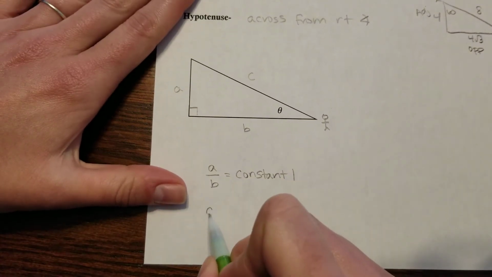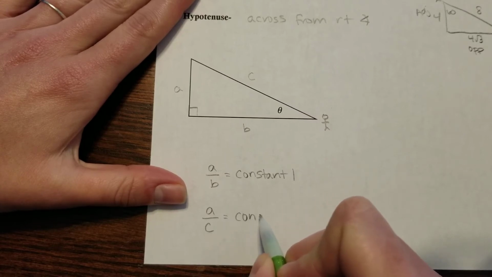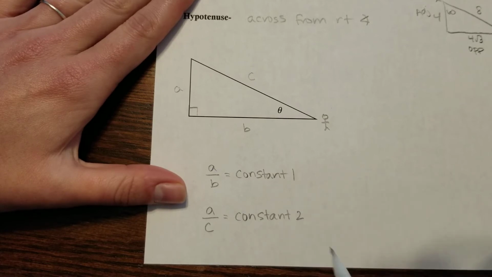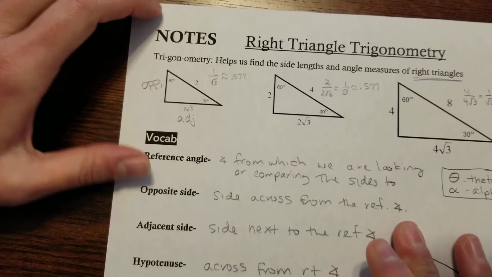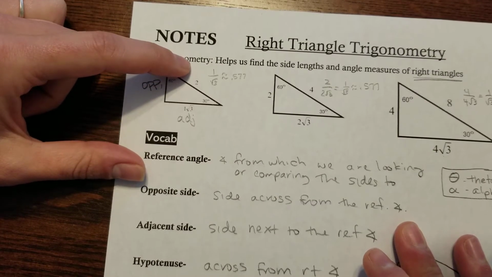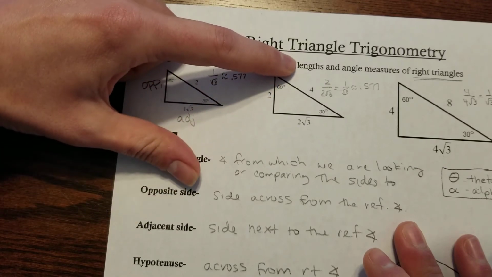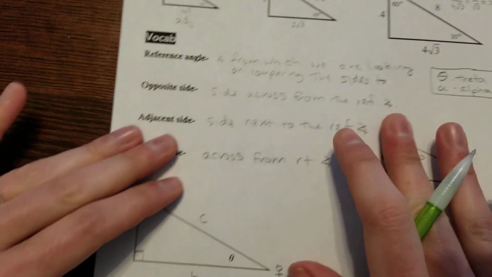If I compare A and C, as long as my triangles are similar, that's going to give me a different constant. We talked about that one already. If we did 1/2, that is 0.5 as a decimal. 2/4 would be the same two sides, is 1/2. And 4/8 gives us the exact same constant, 1/2.